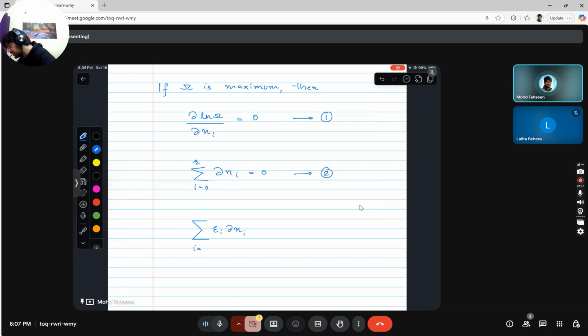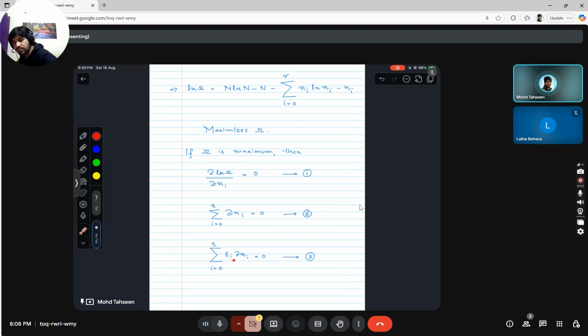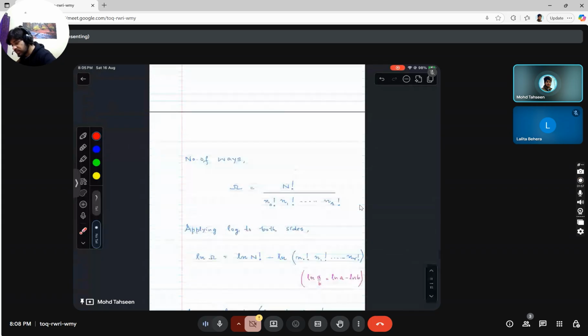This is the change in energy for one microstate, okay? So if we now multiply that change in number of particles by the energy of that energy level, the sum of that should be 0.